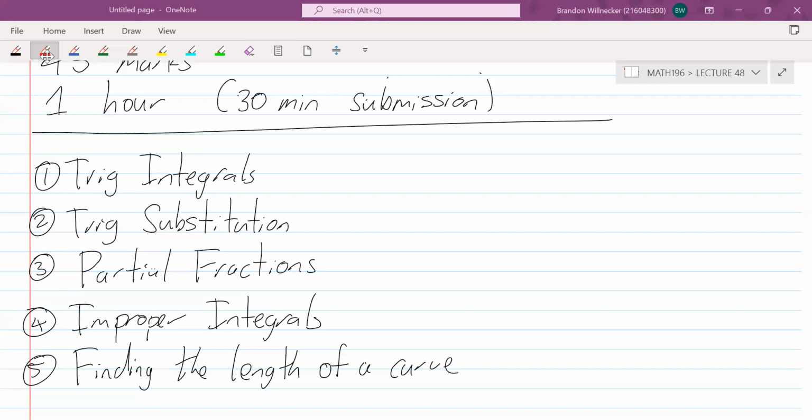That's going to be the first bit. And then finding the length of a curve, that's going to be a separate question. Again, the integral to find the length of a curve might need a trig substitution, for example. So you do need to know all of your work for that.